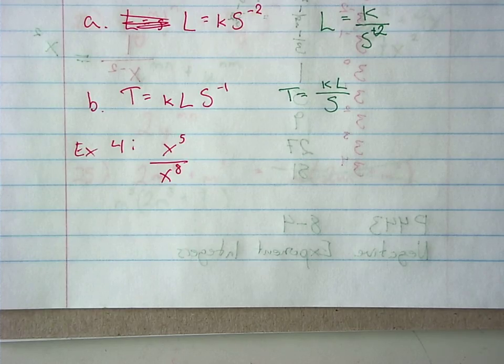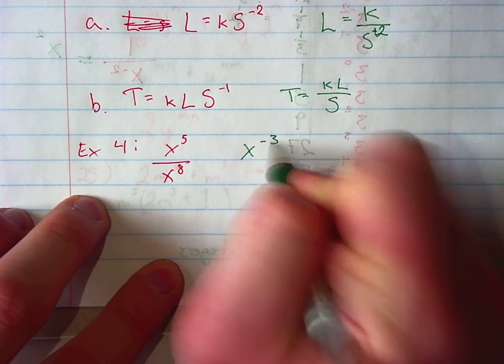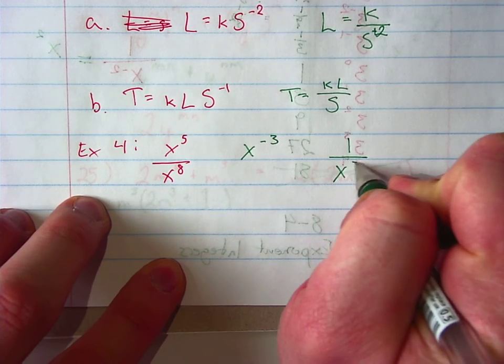Okay, hopefully you have this by now. You can write it as x to the negative 3 or 1 over x cubed. Almost exactly like the bell ringer today.